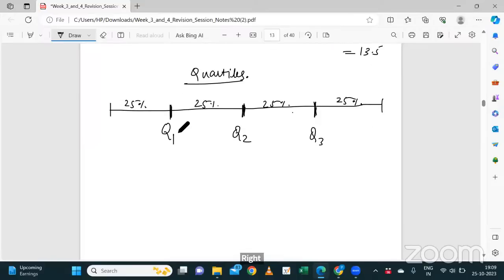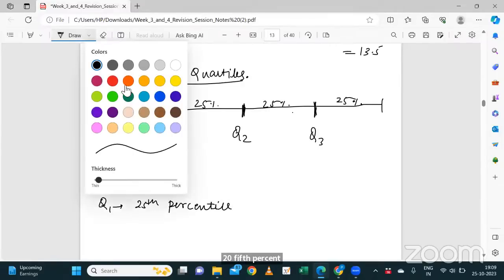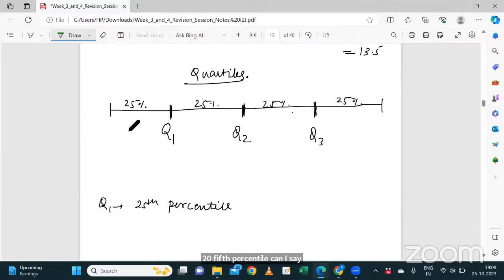Now tell me what is Q1? Q1 will be nothing but the 25th percentile, can I say? Because 25% of the observations are below it and the remaining 75% of the observations are above it, right? Correct?